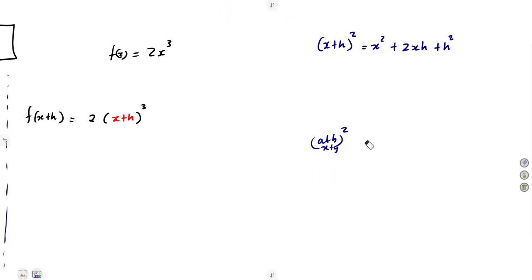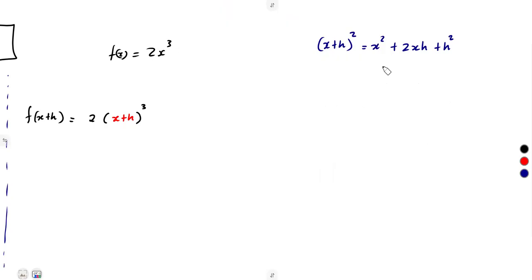This is the condition of a bracket raised to the exponent of 2. You're given two terms, x plus h, a plus b, x plus y. You can use this expansion as we had before in grade 11, grade 10.